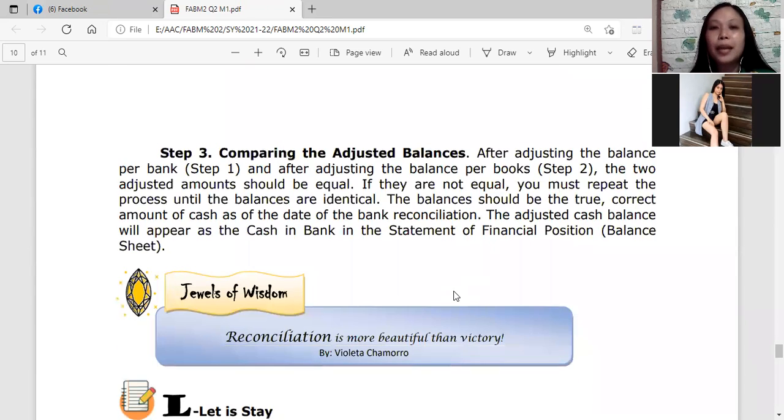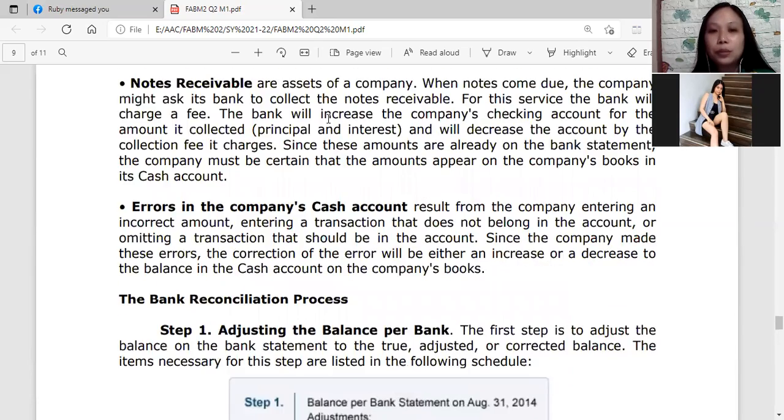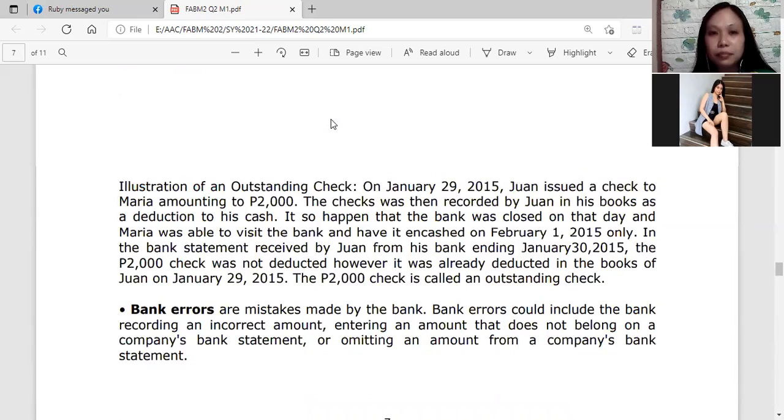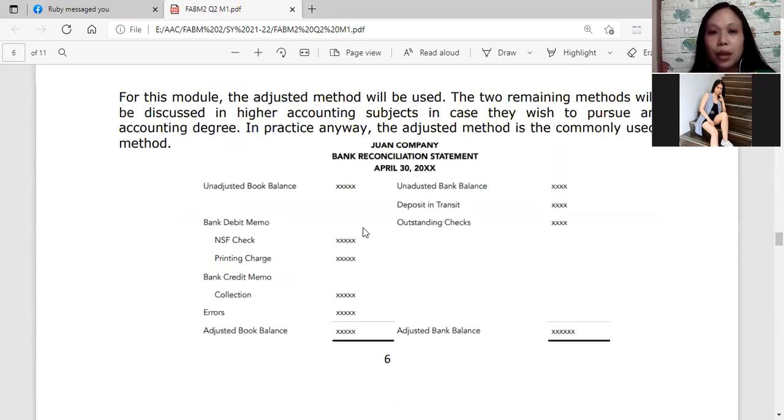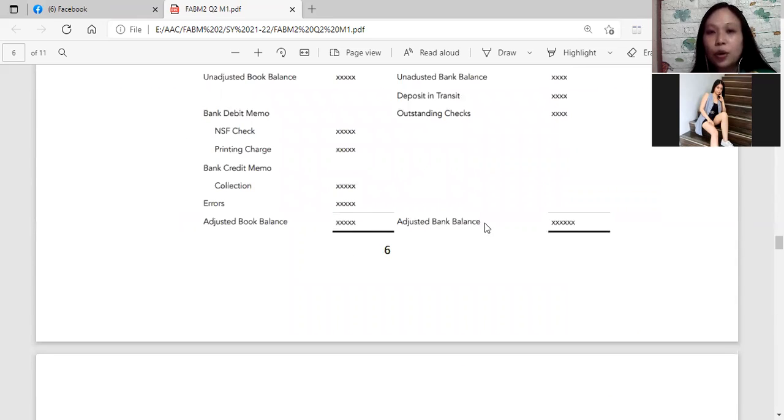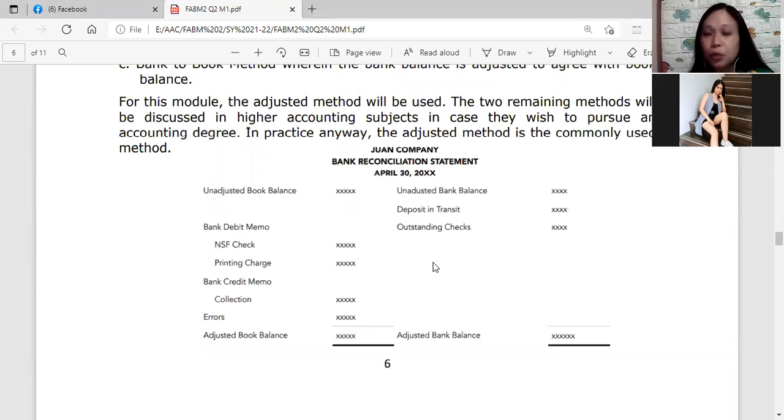Same na sila. Okay, so let's go back to the sample. Your book balance and your bank balance needs to be the same. Now, katong akong gipakita nga steps, kung inyo na to siyang i-follow, you just have to use this format. Kanang format inyong gamiton, then follow it. Ang minus, ang deduction, then ang error, it could be plus or minus, depende na siya.